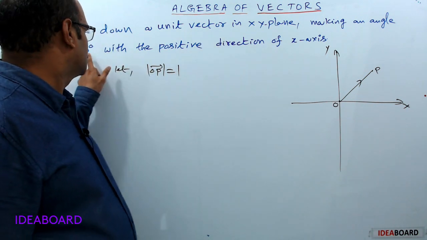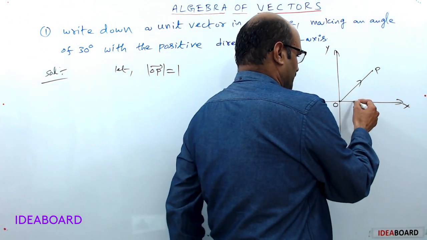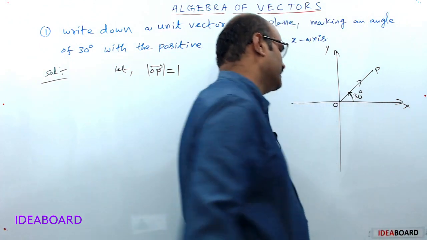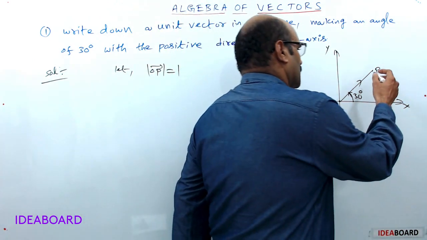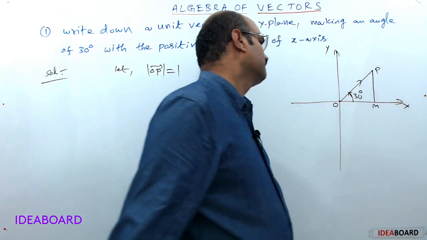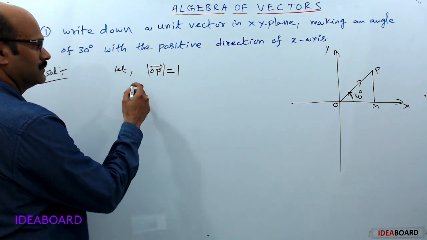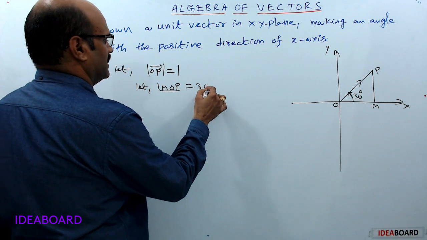It makes an angle 30 degrees with the positive direction of x-axis. This vector OP makes an angle 30 degrees with the positive direction of x-axis. Now draw PM perpendicular to x-axis. Let angle MOP equal to 30 degrees.